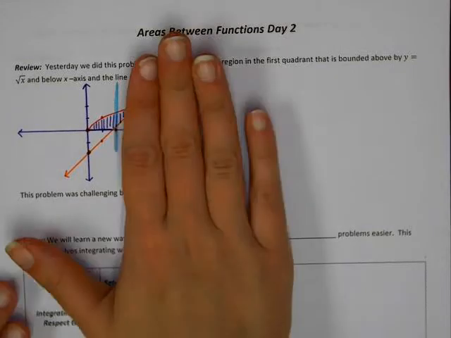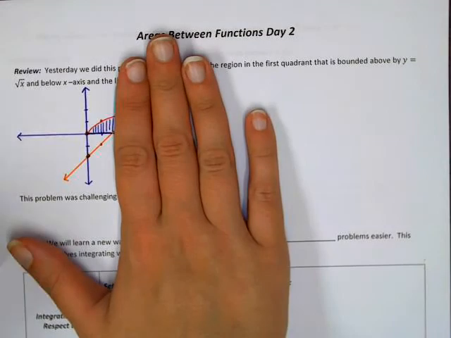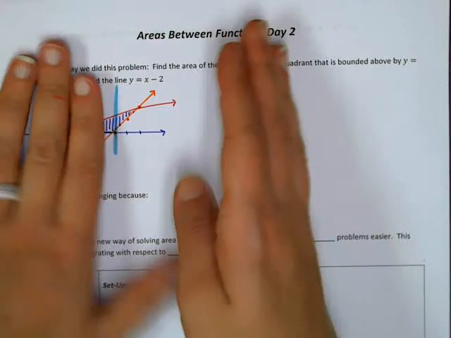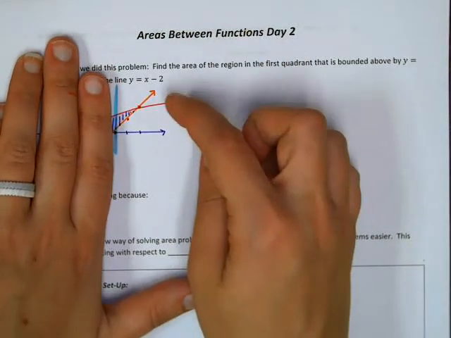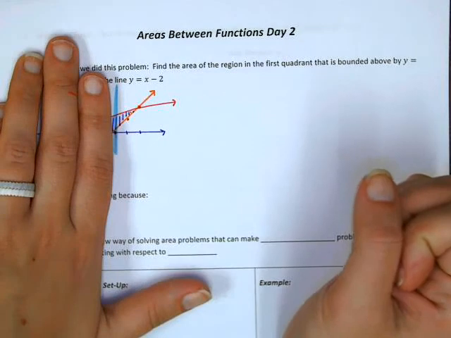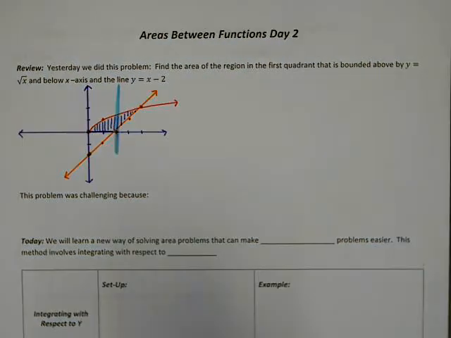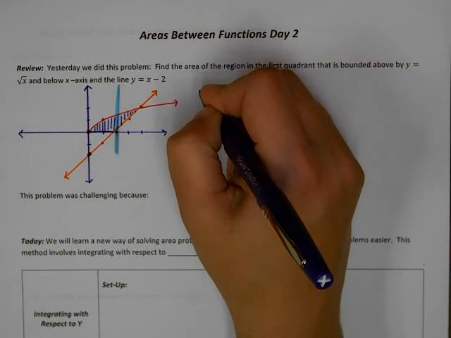On the left side of that line, the top function is the red and the bottom is the x-axis. And on the right side of the line, the top function is the red and the bottom is the orange. So we weren't able to do this with one integral. We had to actually set up two integrals.